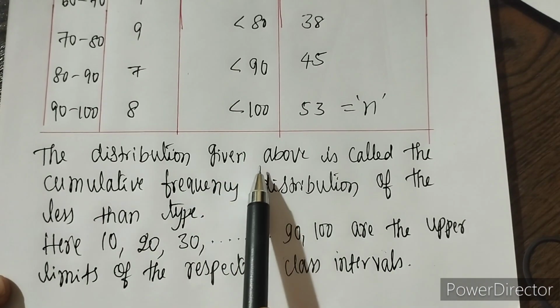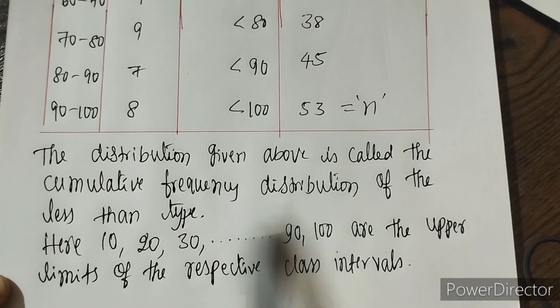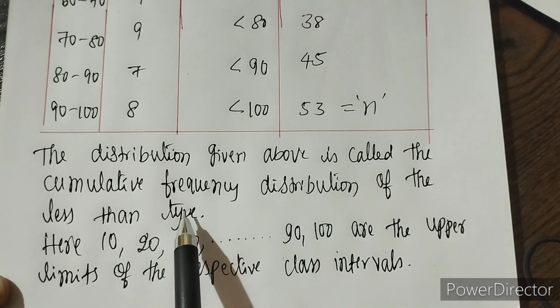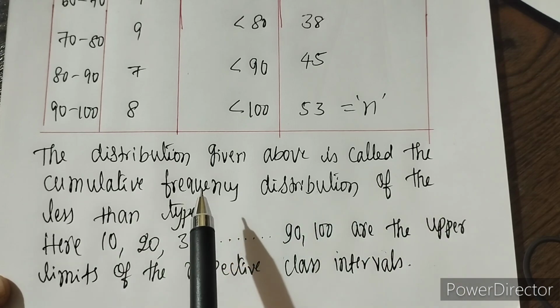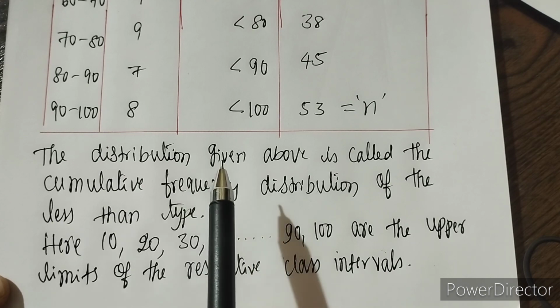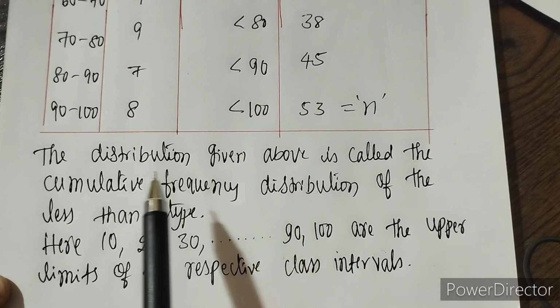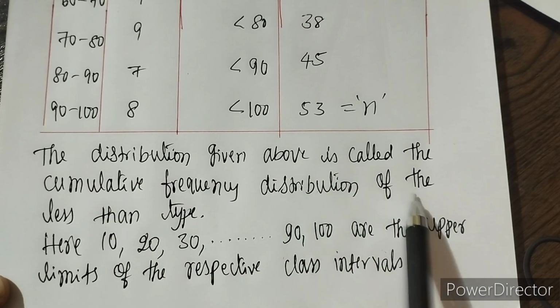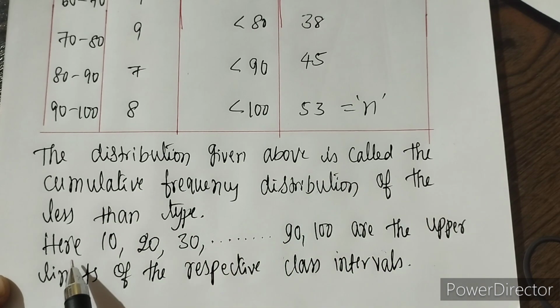The distribution given above is called the cumulative frequency distribution of the less than type. We have written the table above. Here the values 10, 20, 30, 40 up to 90, 100 are the upper limits of the respective class intervals.